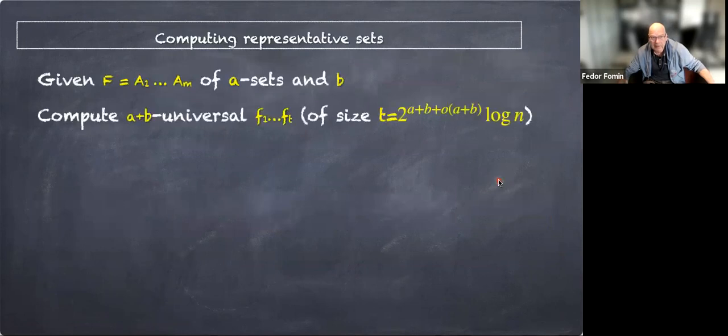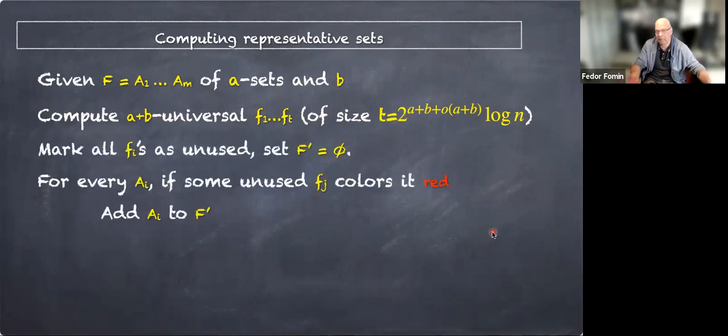So, the algorithm. I have a family of sets A and a number b, and I want to compute an a plus b universal family, a set of functions f1 to ft, such that t is 2 to the a plus b plus small o of a plus b, times log n. I'm just using the Naor, Schulman, Srinivasan algorithm as a black box for that. Then I label all functions fi as unused in the beginning, and the set F prime is empty.